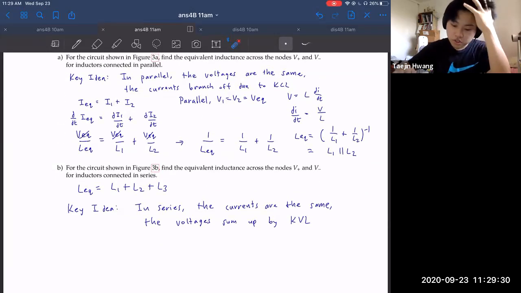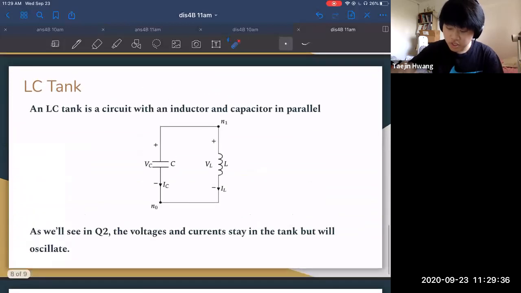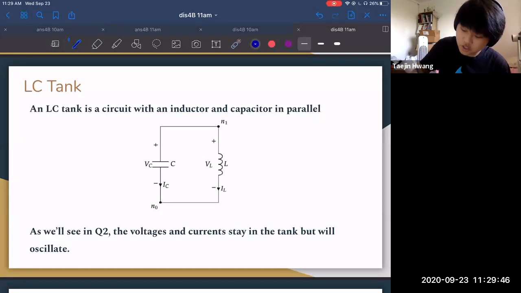Let's move on to the main topic of today, which is the LC tank. The LC tank is the circuit that I've been talking about without giving an actual visual: an inductor and a capacitor in parallel.